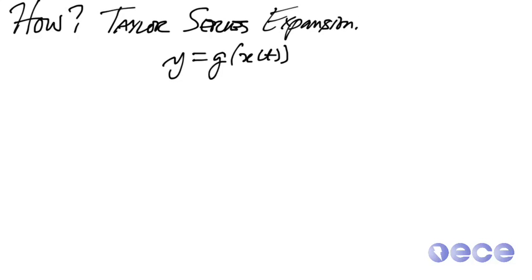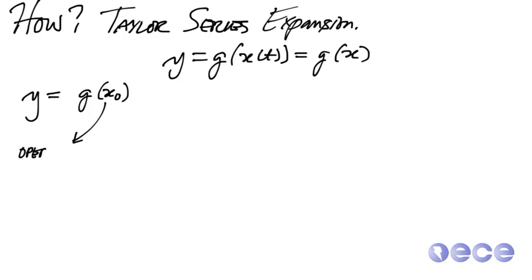So let's assume that we have our function y is equal to g of x of t. And so x of t is a time-varying signal. I'm going to abbreviate it as just g of x because it makes it a little easier to write. So from the Taylor series expansion, we can get the function y by first evaluating g at x0. This again is our operating point.